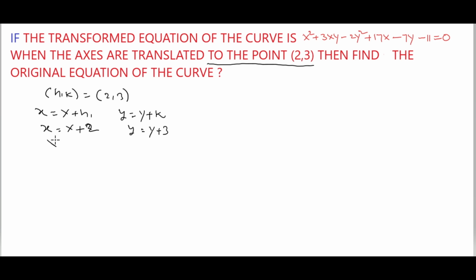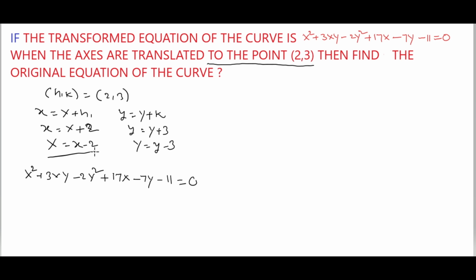From this, capital X is equal to small x minus 2 and capital Y is equal to small y minus 3. Here the given transformed equation of the curve is capital X square plus 3 capital XY minus 2 capital Y square plus 17 capital X minus 7 capital Y minus 11 is equal to 0.